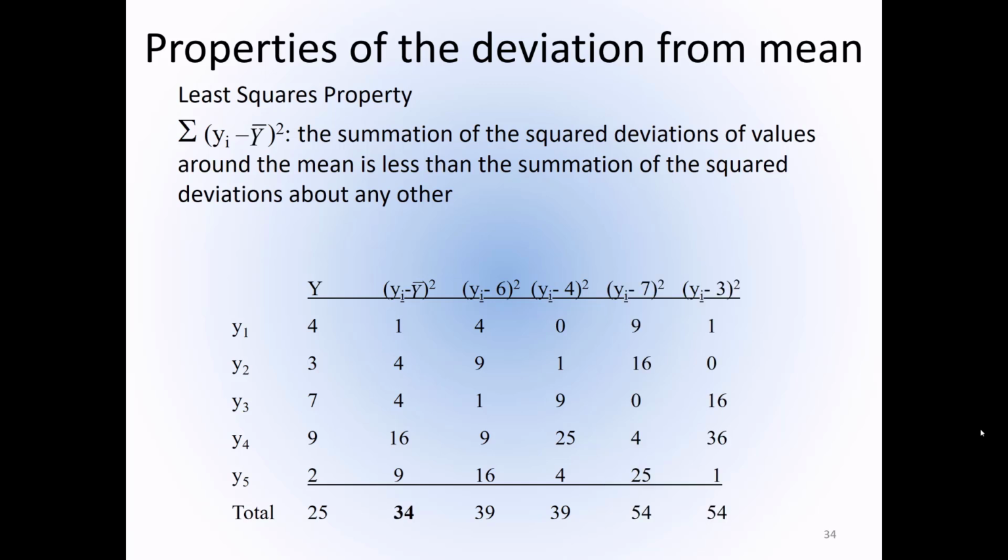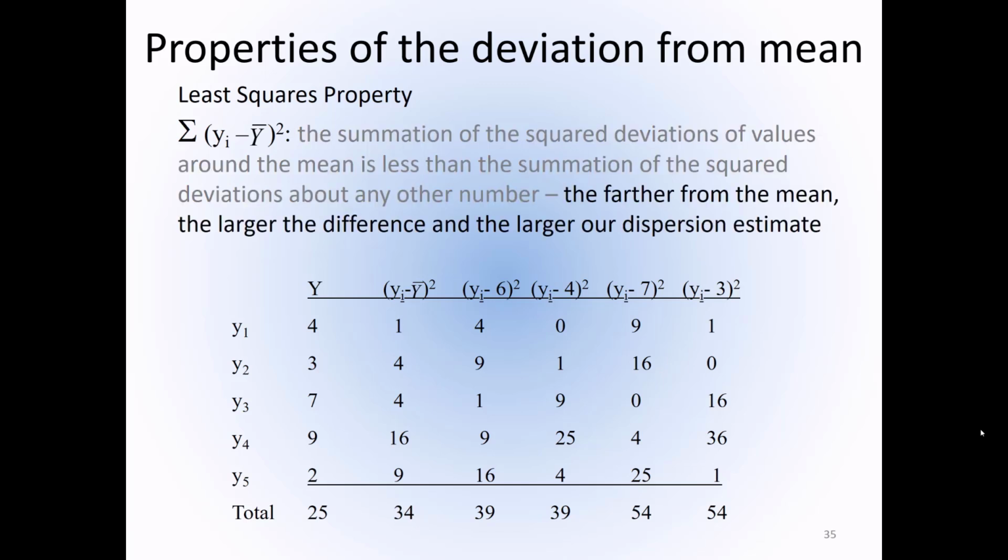And as we move further away from the mean, these values are going to increase, which will then artificially inflate things like variance, standard deviation, and also standard error and coefficient of variation. And so using the mean is going to be of value because the farther the value that we're using to look at differences in our observations is from the mean, the larger the difference is going to be.